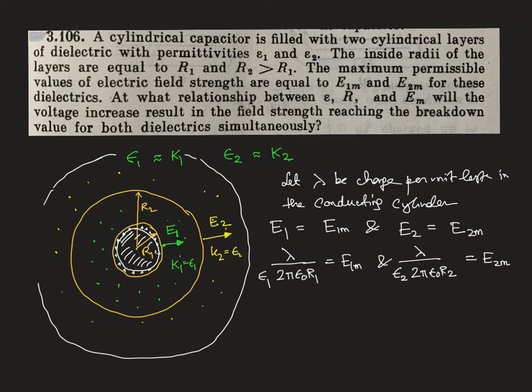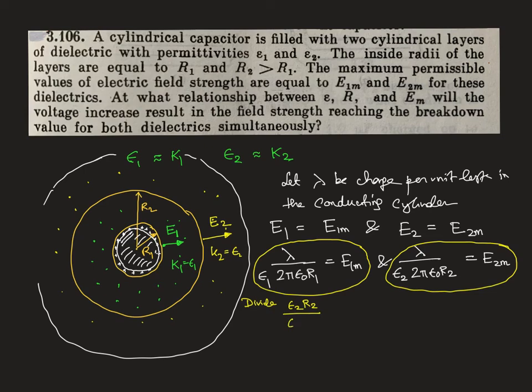Now to find out the relation we can divide the two. That means out of this expression and this expression we can divide the two expressions. So we will get epsilon 2 R2 by epsilon 1 R1 equal to E1m divided by E2m.